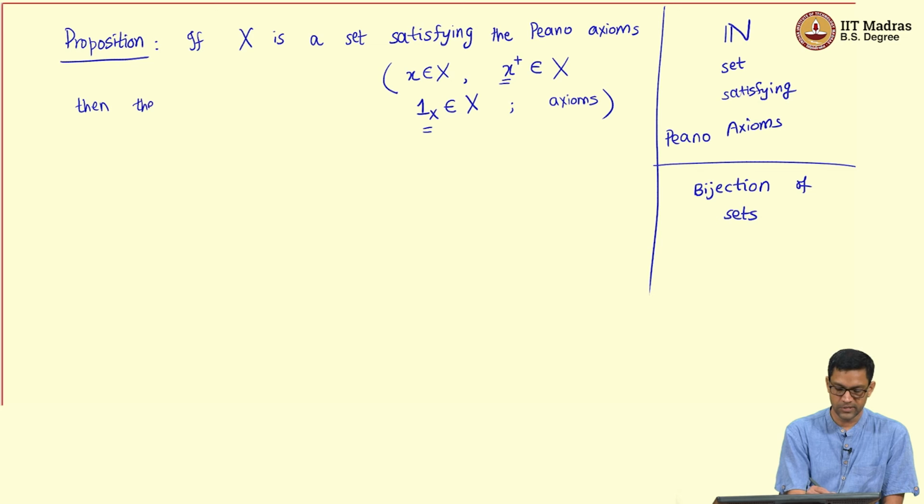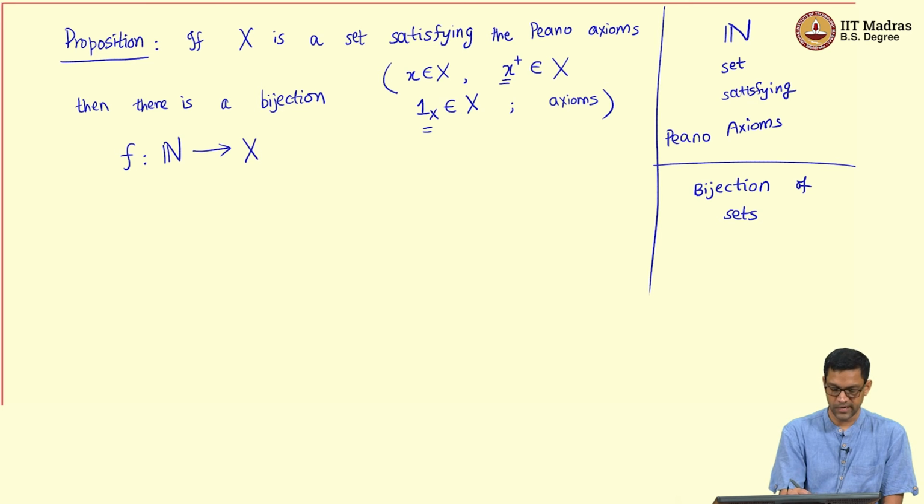Then there exists a bijection, let us call it f, from the usual way of thinking about the natural numbers to the set X. There is a bijection from N to X further such that this bijection sends the number 1 of N to this special element 1 sub x of X, and the successor function on the left hand side.